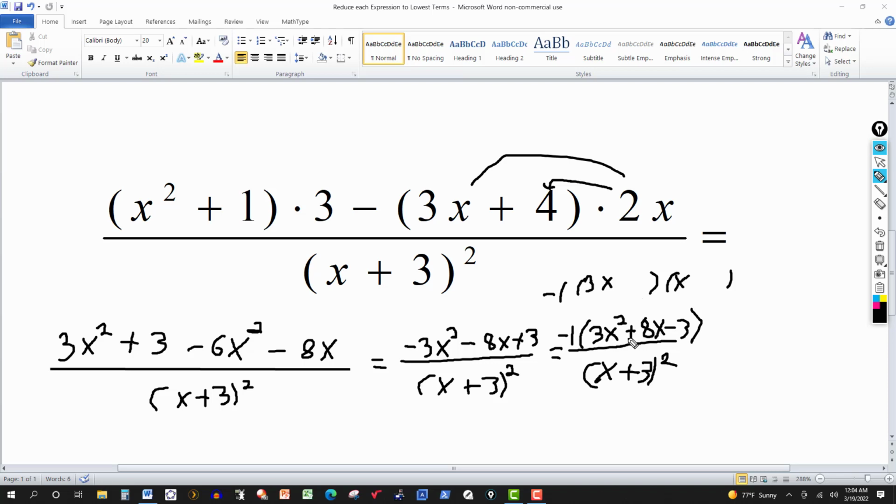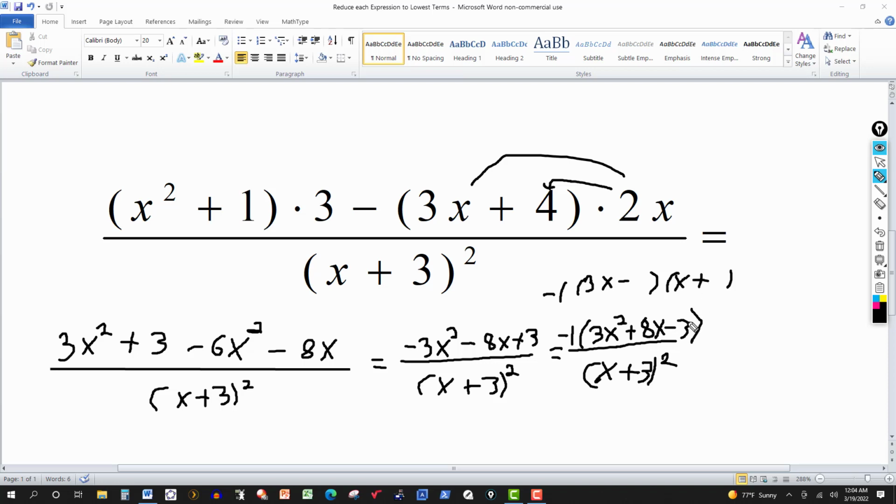So we're looking at, inside the parentheses, 3x squared plus 8x minus 3. Since the third term is negative, these signs have to be opposite. So they're going to have a plus and a minus, or a minus and a plus. Let me start off with a minus here first, and a plus over here.